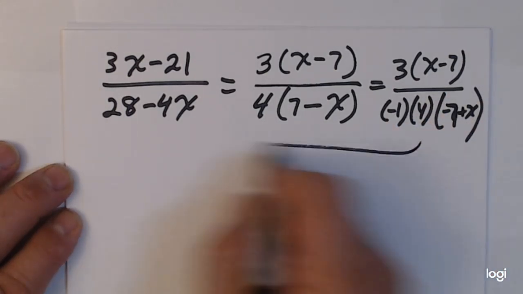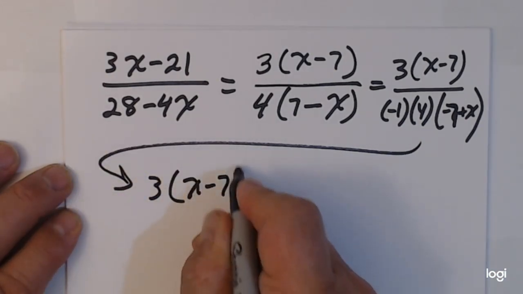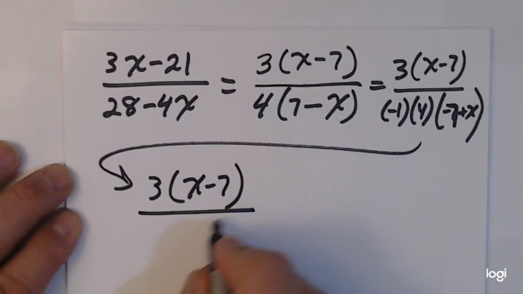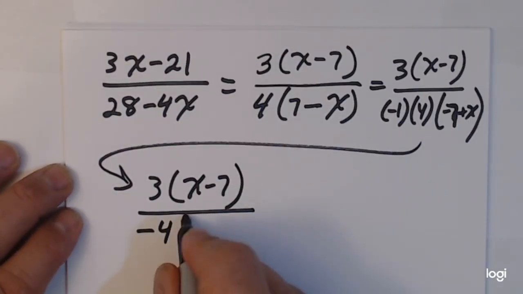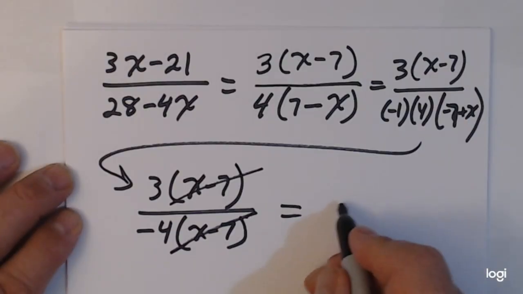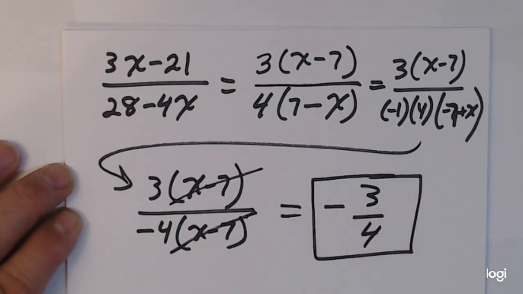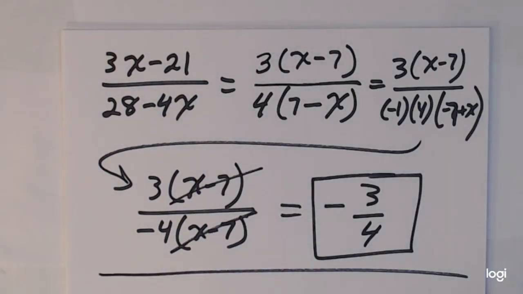So this thing becomes 3 times x minus 7 over negative 4 times x minus 7. The negative 7's go out. We're left with negative 3/4. Bet you never would have thought that you got negative 3/4 out of what we started with, but that's what we wound up with.